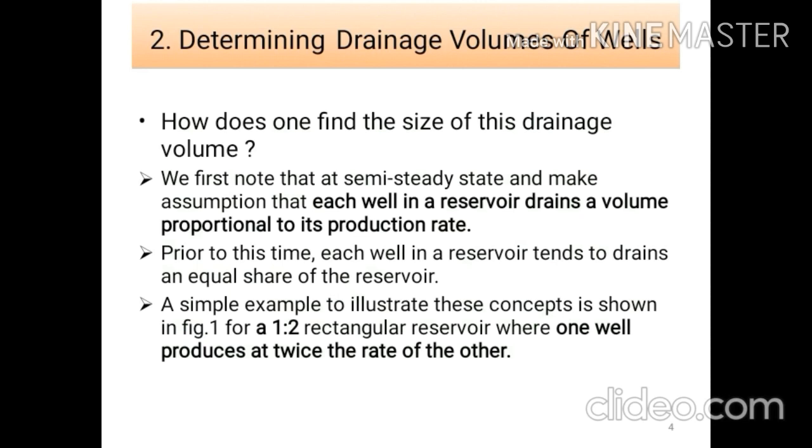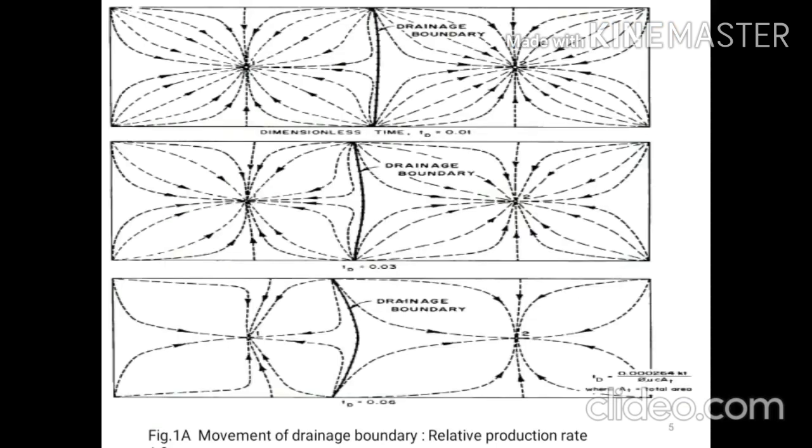Prior to this time, each well in a reservoir tends to drain an equal share of the reservoir. A simple example to illustrate this concept is shown in a figure for a 1:1 rectangular reservoir where one well produces at twice the rate of the other. In this figure, as you can see, the drainage boundary moves with time.